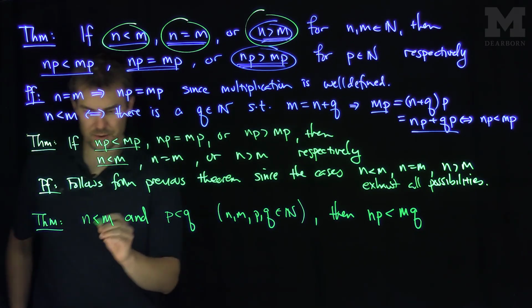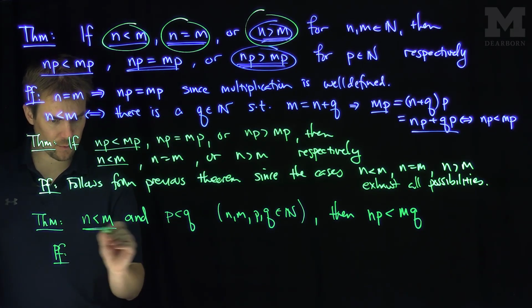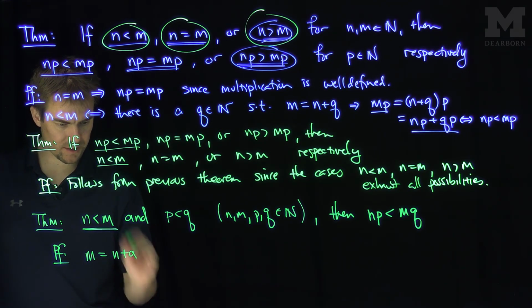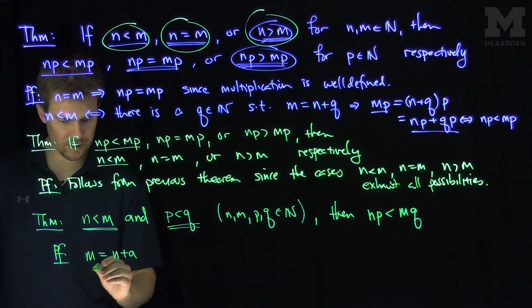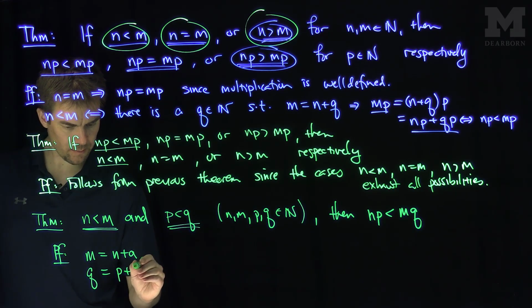So we prove this in the following way. This first statement says that m is equal to n plus a. And this statement says that q is equal to p plus b.